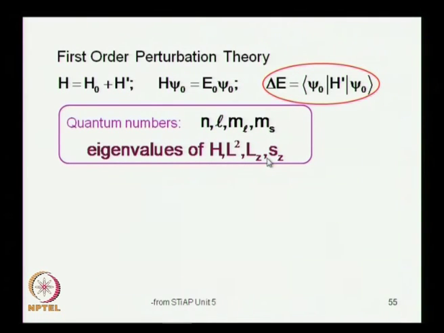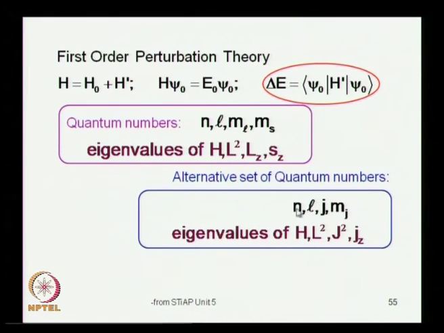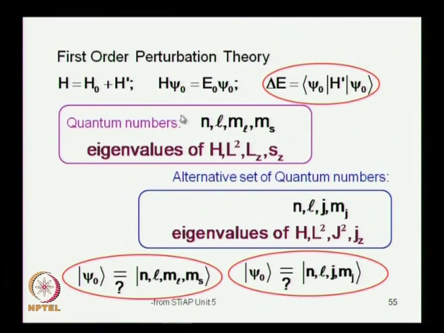So, this gives you a complete set of commuting operators. These are good quantum numbers, but then you also have an alternative set of quantum numbers because of the spin orbit coupling. And a question that we discussed in unit 5 was, which set are you going to use? Will you use this set or will you use this set? And this is what Zeeman spectroscopy is about.